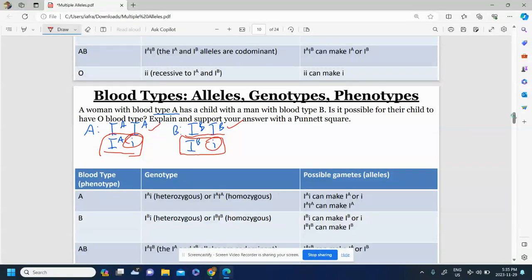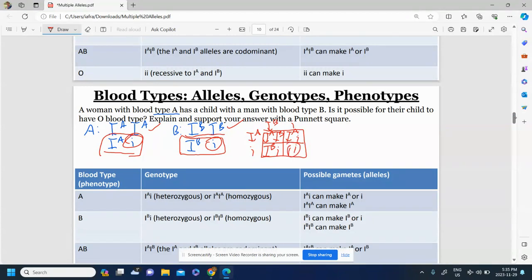And so you can support your answer there with a Punnett square. We have IAi over here. You have IBi over here. And so you'll notice you could make an IAIB. You can make an AB blood type. You can make a B blood type. You can make an A blood type. And you can also make an O blood type.